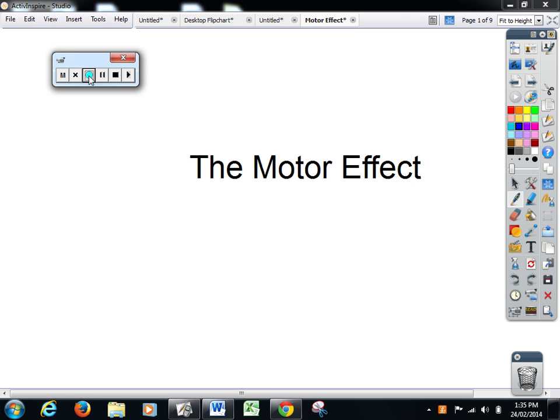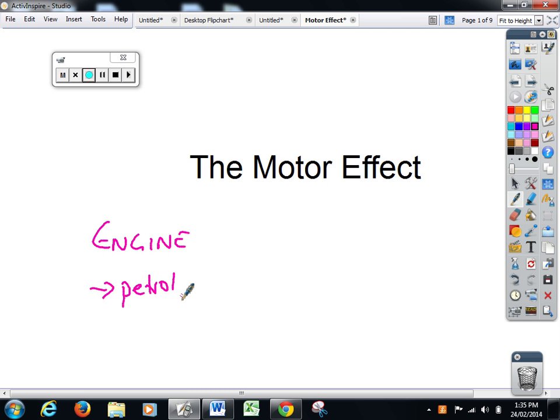A motor is different than an engine. You have an engine in a car, and that runs on petrol, or diesel, or gas, and it has combustion in it. So we burn petrol, create movement.